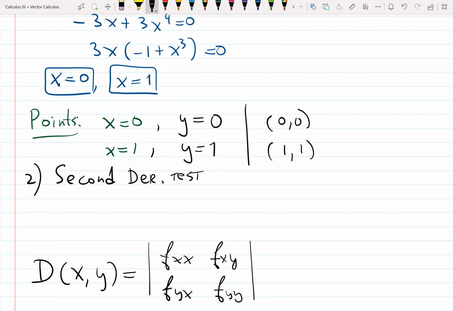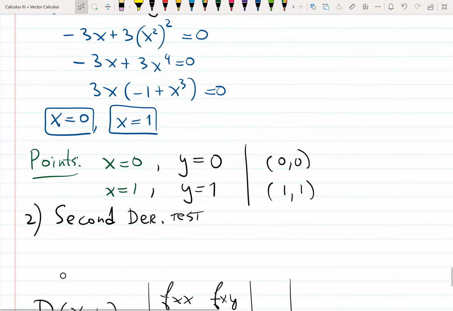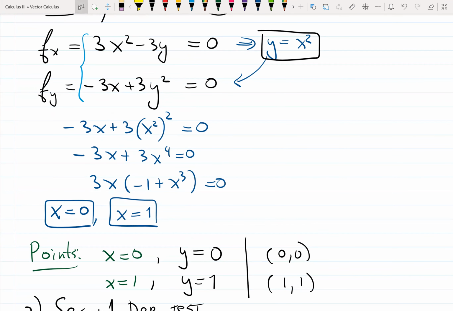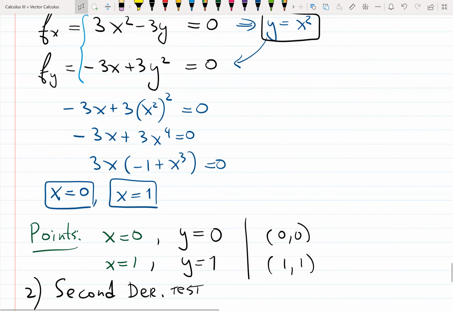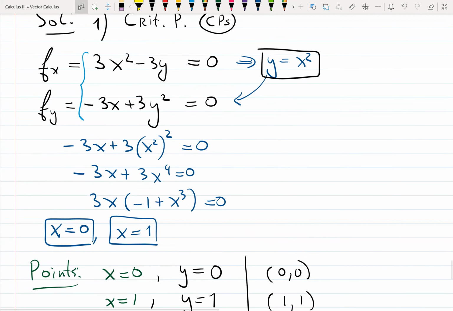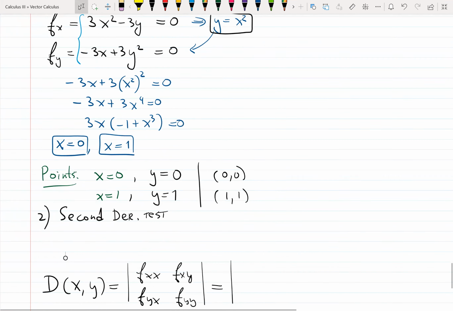Either you write it down separately, first find all the derivatives, or just plug them in right away. Let's just write down to have good notes.